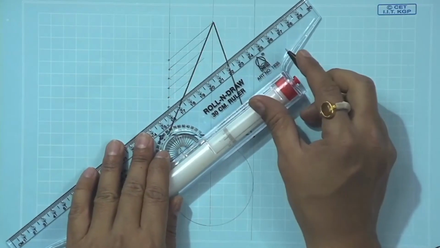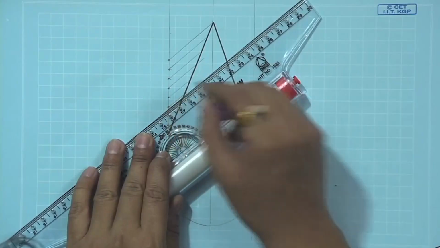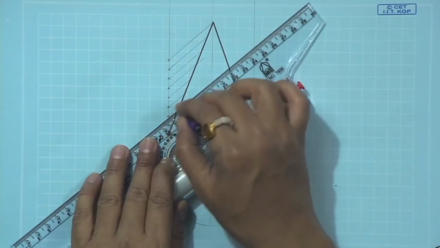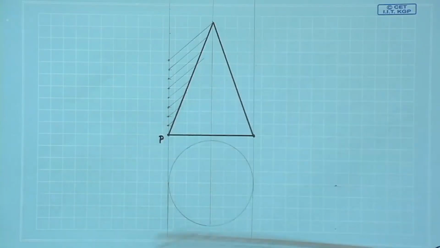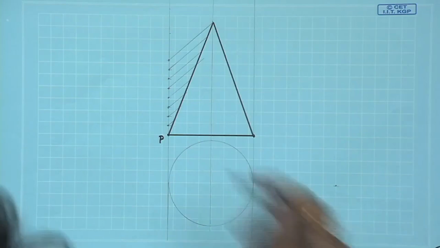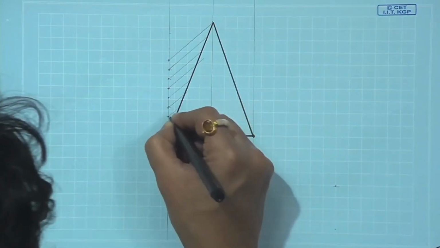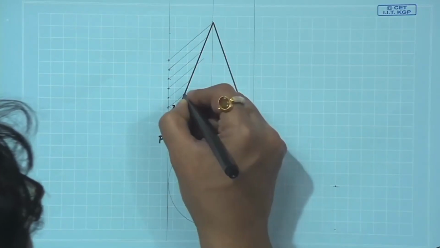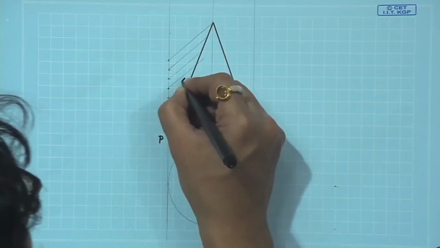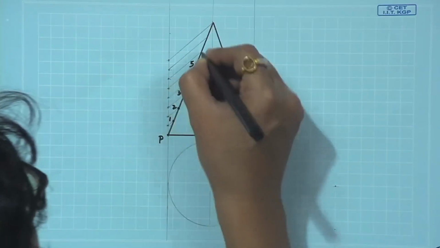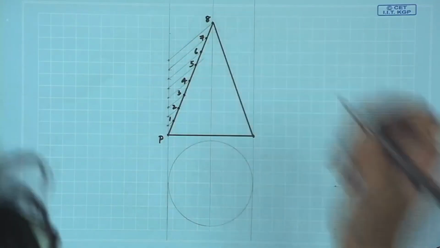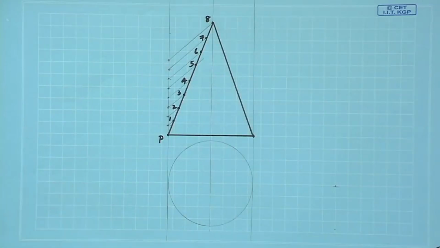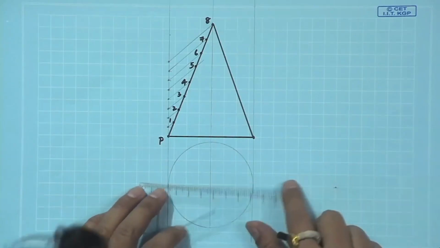Draw parallel. Now, name these as 1, 2, third point, 4, 5, 6, 7 and 8th point. 8 divisions are done. Now, divide the circle into 8 equal parts.